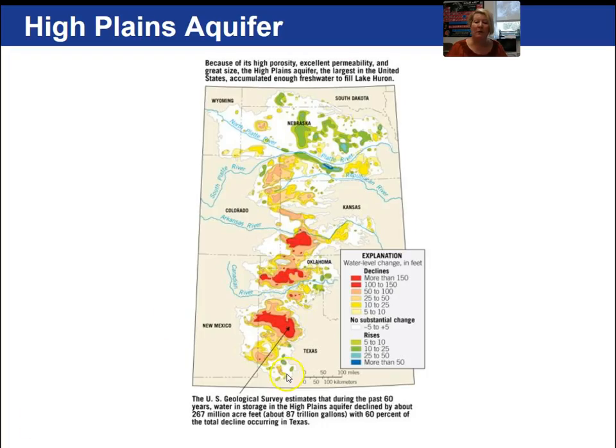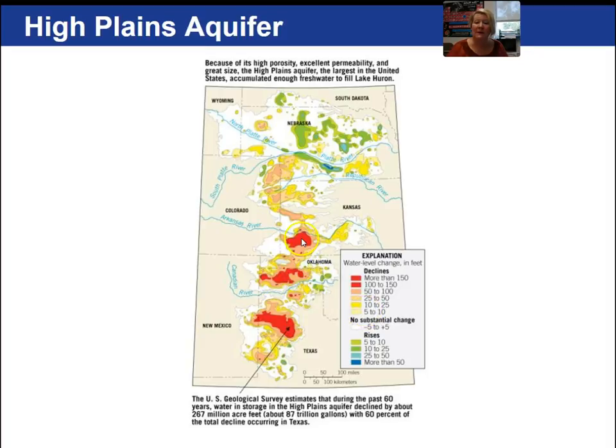The High Plains Aquifer is shown here. In the red areas, we have water level declines of more than 150 feet, and then 100 to 150 feet in the slightly lighter red color, and so forth.